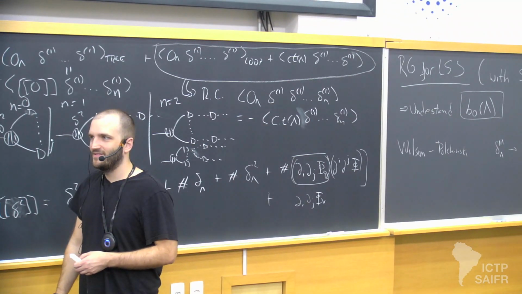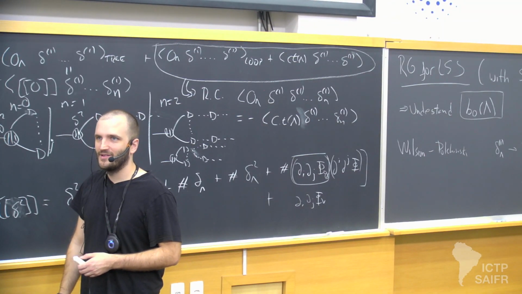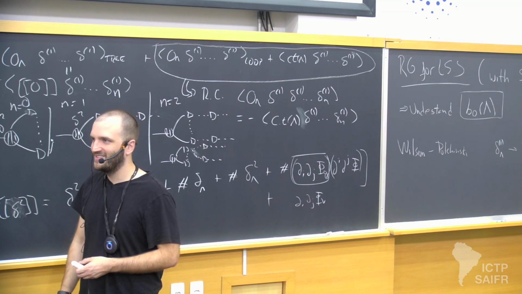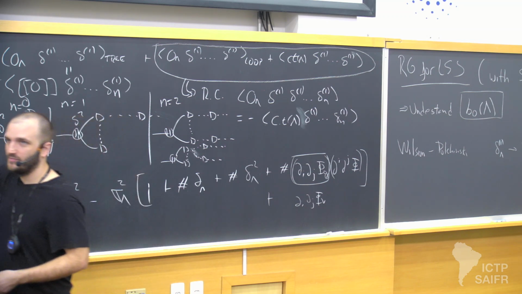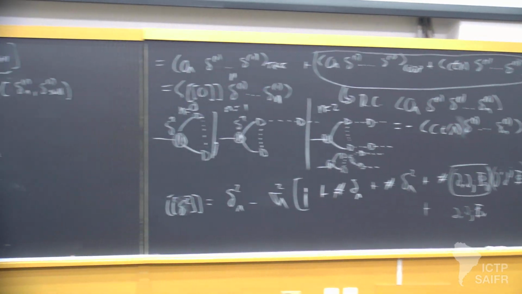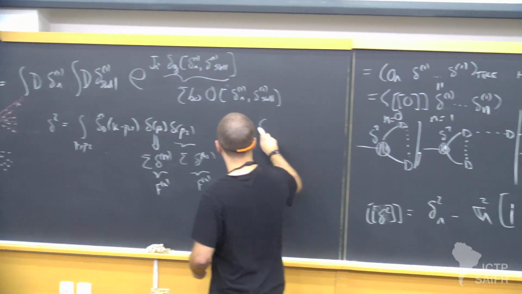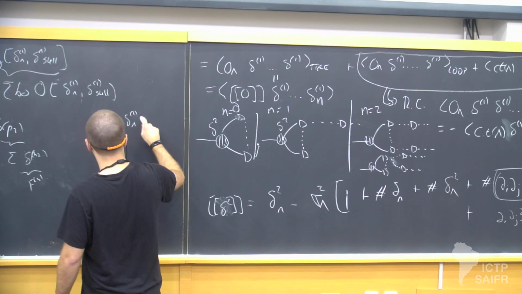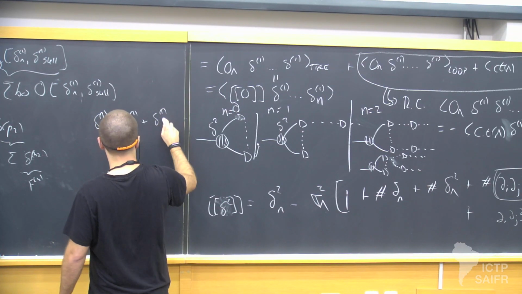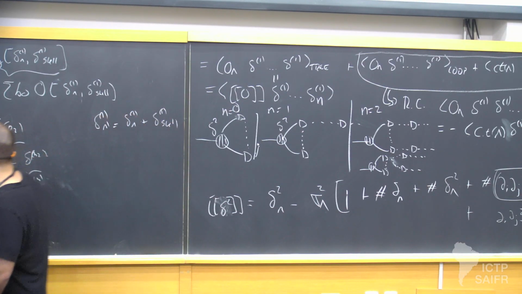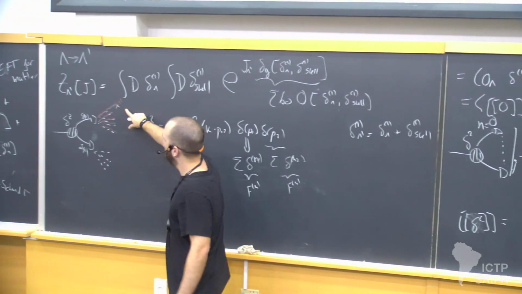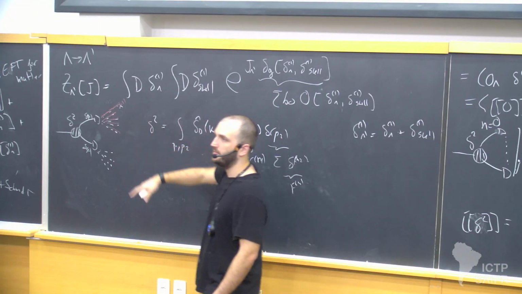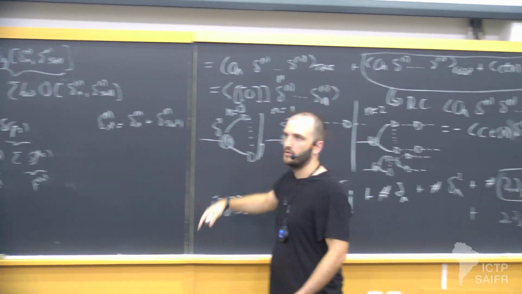Okay? It's just a diagram. Questions? So basically I'm saying that delta 1 of lambda prime is equal to delta 1 of lambda plus delta 1 of shell. Each one of the delta 1s that I had before in lambda prime, I'm splitting into a shell and a lambda contribution. Okay?